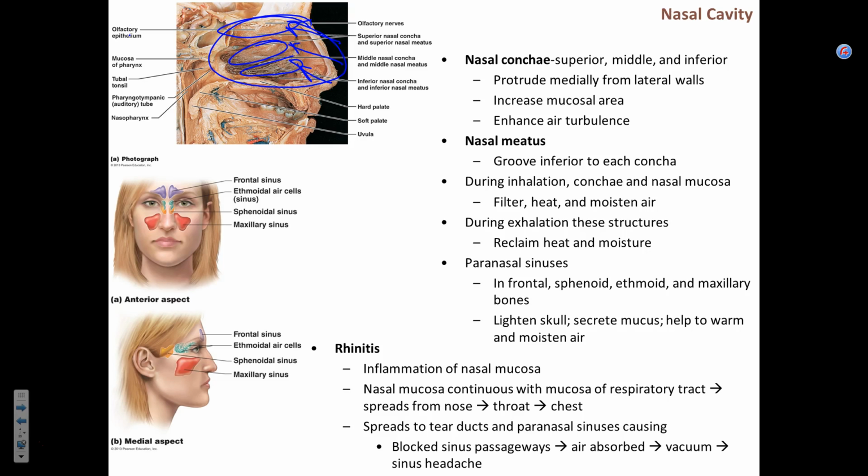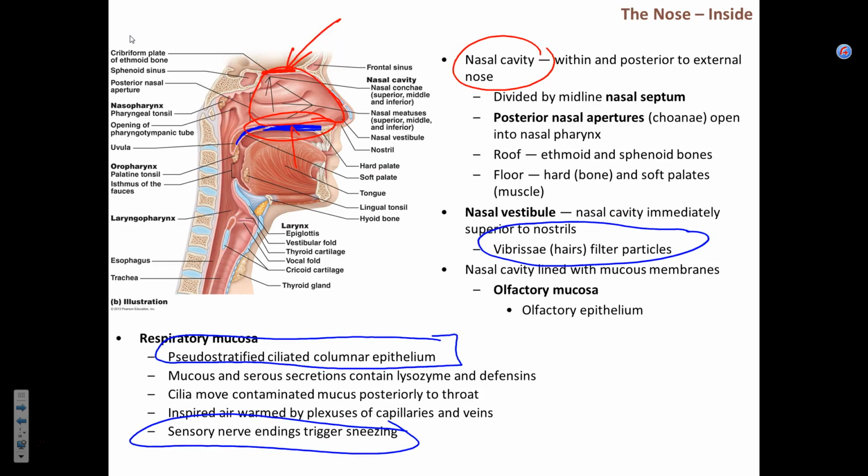Inferior is a separate bone, and superior and middle are parts of the ethmoid, as far as I remember. You can see them here too. So nasal conchae, nasal conchae, nasal conchae.